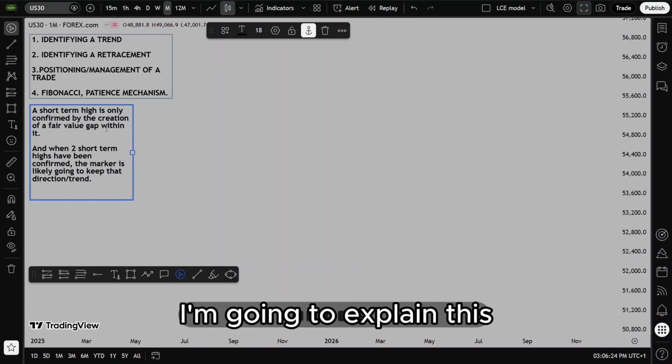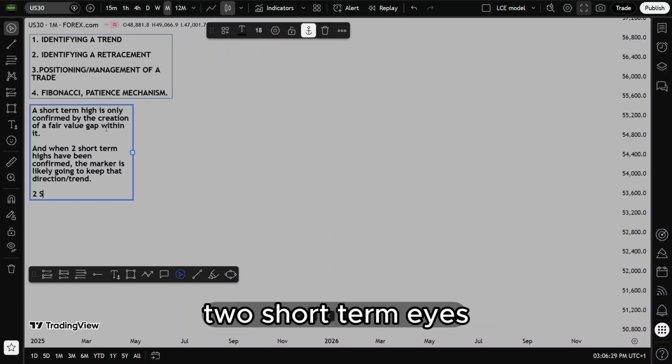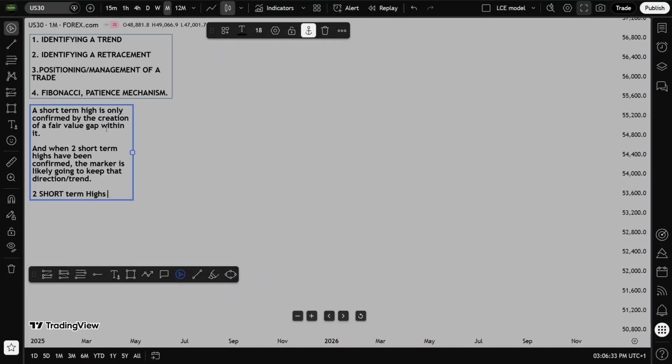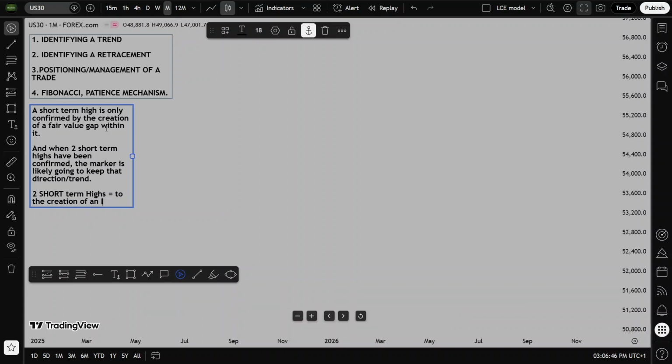I'm going to explain this. Two short term highs is equal to the creation of an intermediate term high.